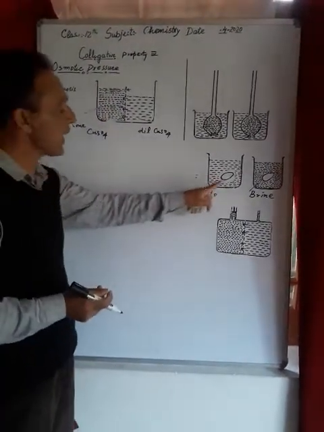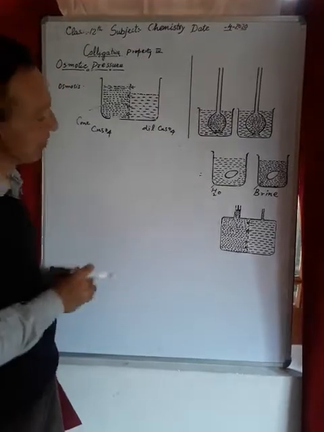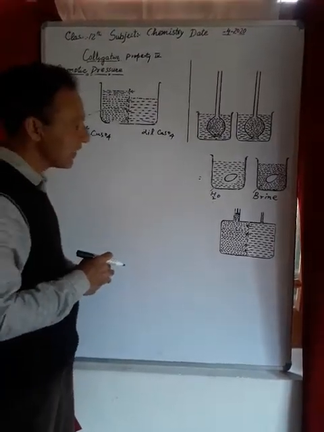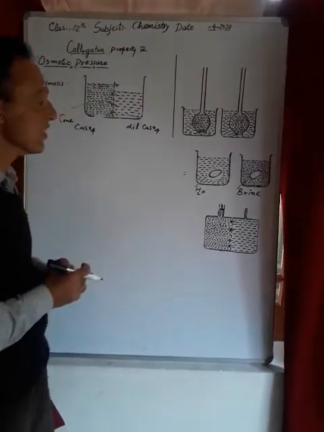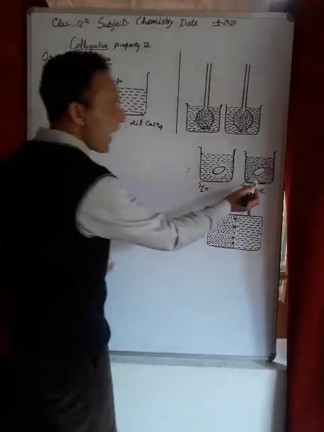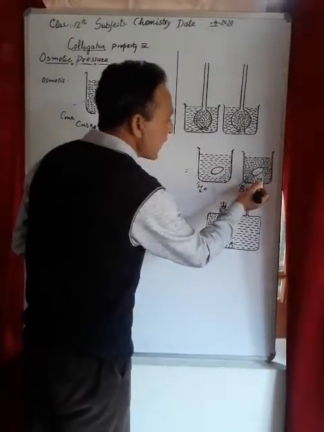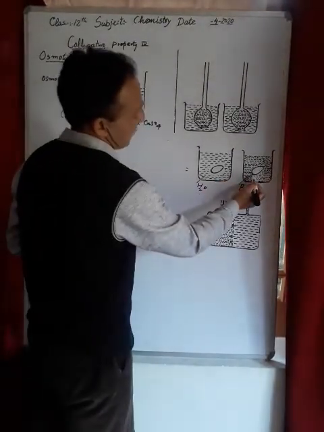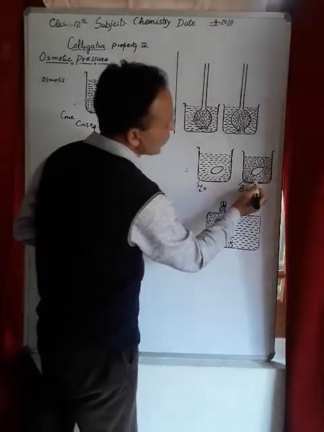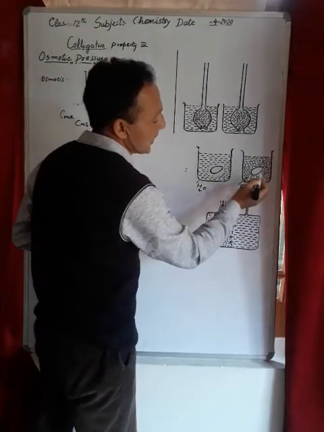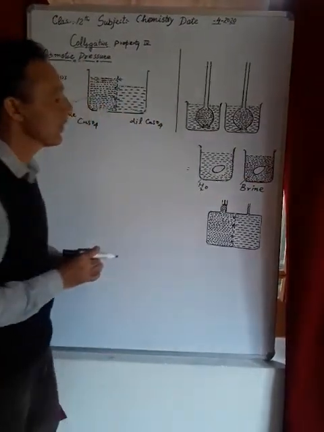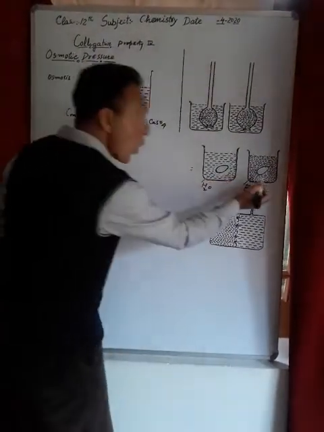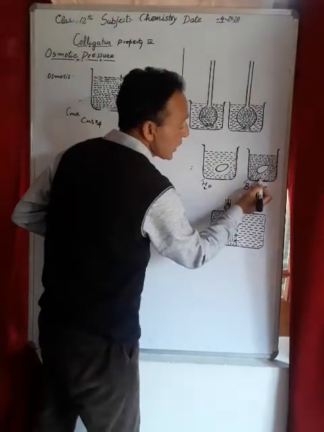So the egg in the water swells. And in the second case, the water in the fluid comes out of the egg and passes into the sodium chloride solution, the brine solution, because through osmosis, this is more concentrated.